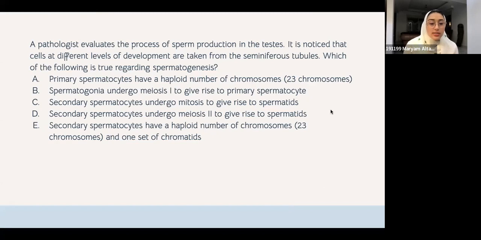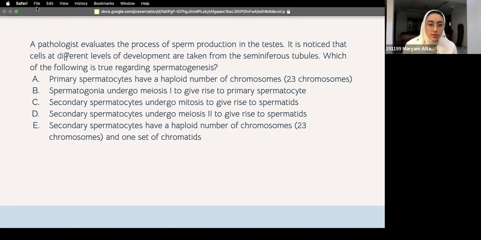C, secondary spermatocytes undergo mitosis to give rise to spermatids. D, secondary spermatocytes undergo meiosis 2 in order to give rise to spermatids. Or E, secondary spermatocytes have a haploid number of chromosomes and one set of chromatids. What do you guys think is the answer? I'm going to give you a minute to think about this one.